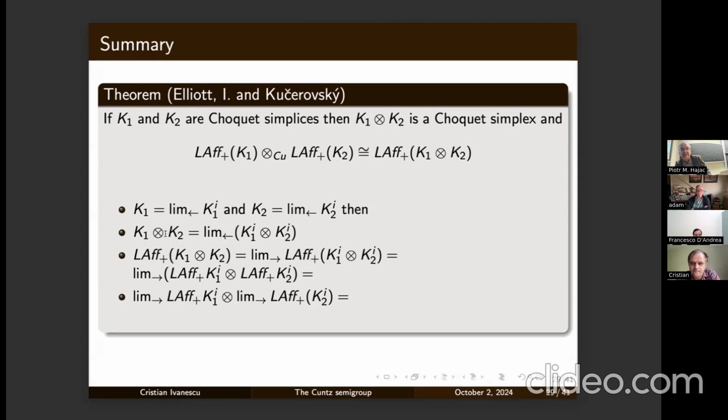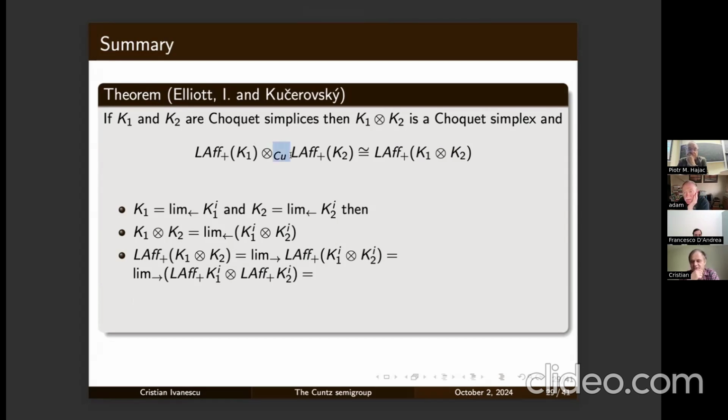Anyway, I just have a question about this tensor product notation. What do you mean by the tensor product of this Cu? Oh, so this is the tensor product in the Cuntz category.